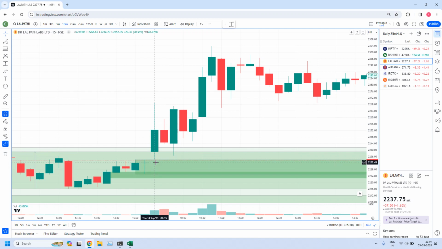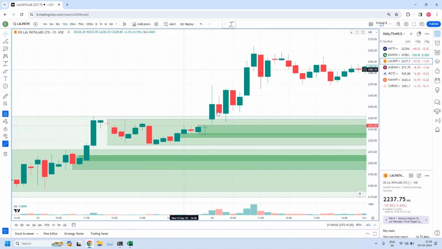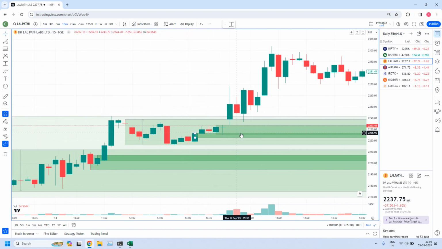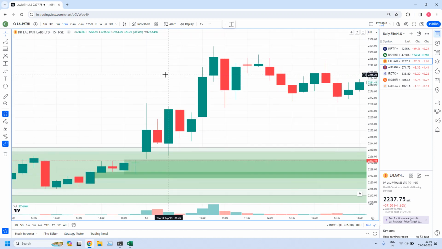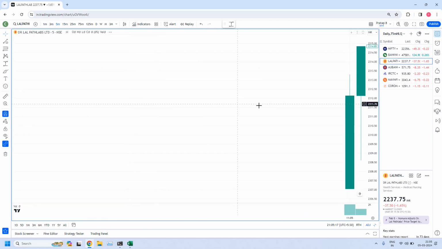Add the hidden body, some more body will be added, and still a big wick is there. So this is a rally candle. And when you fine-tune in 5 minutes, actually see, 5 minutes I have drawn from here. Let me tell you, this is an interesting point you have to learn.